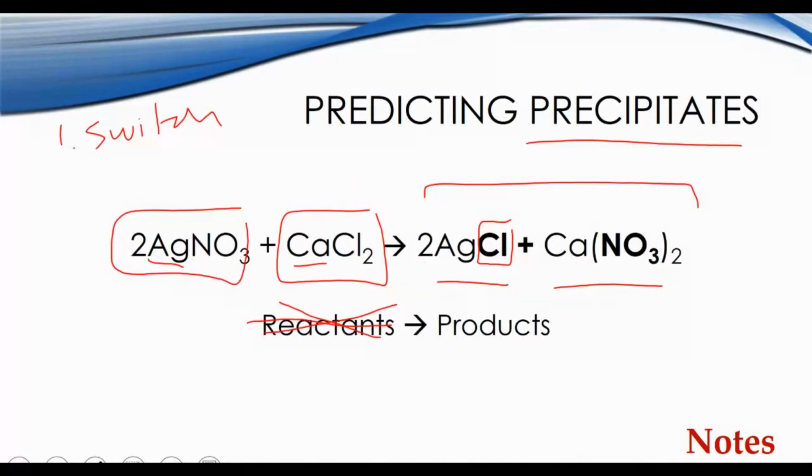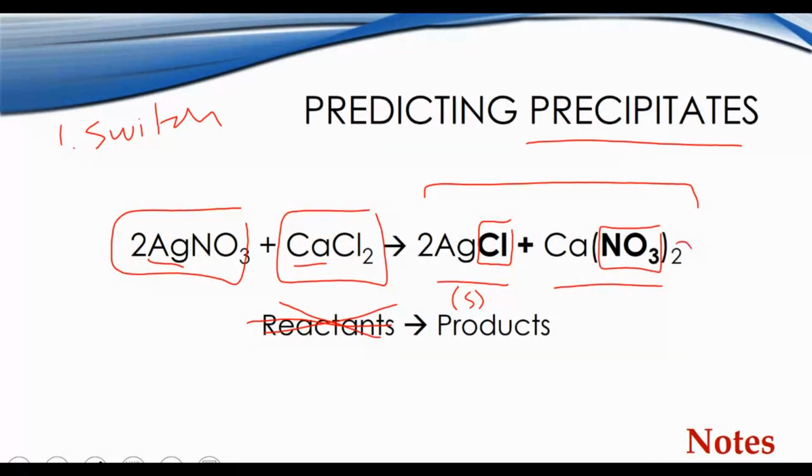So let's look at that. We have silver chloride. That right there would be a solid. That would be a precipitate because silver, Ag, is one of the exceptions for chlorine. Now let's look at the other product, calcium nitrate. Here I'm looking for nitrate on my list.